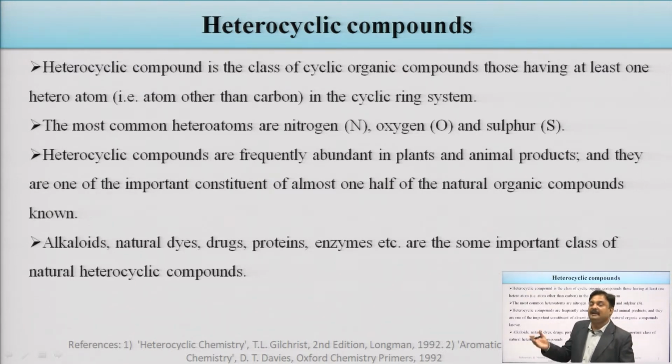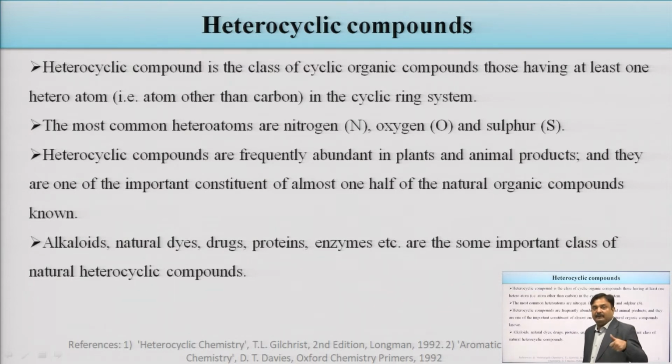If only carbon is there, then we will say that it is a homocyclic compound. मतलब अगर कार्बन वहाँ पर होगा तो हम कहेंगे होमोसाइक्लिक कंपाउंड है. अगर कार्बन के अलावा कोई दूसरा एटम वहाँ पर आता है, for example oxygen, sulfur, nitrogen, phosphorus, selenium, then we can say that it is a heterocyclic compound, and a cyclic ring should be there.